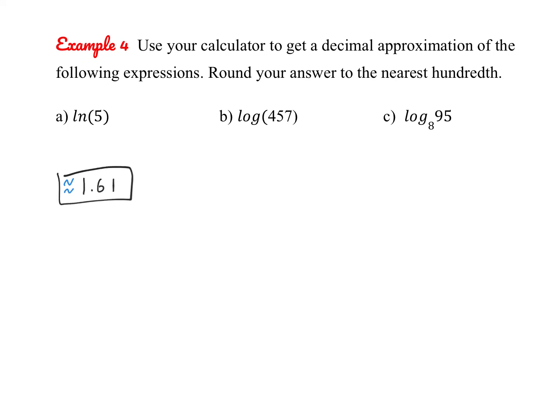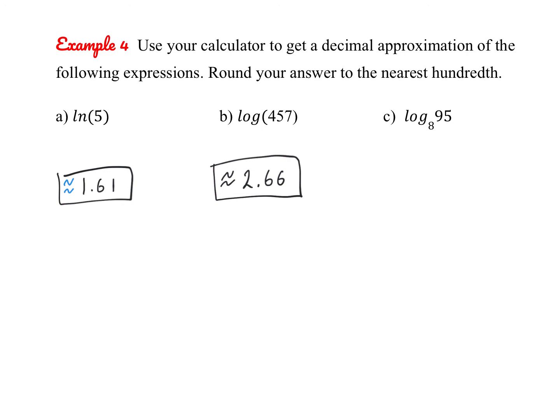So make sure you are able to do this in your calculator. Here we have a common log, so again, your calculator can do that. So just hit that common log button of 457, and let's round it to the nearest hundredth. So 2.66 should be what you get if you round properly. So again, make sure you know where these two buttons are.